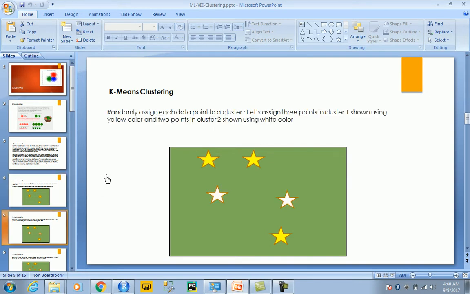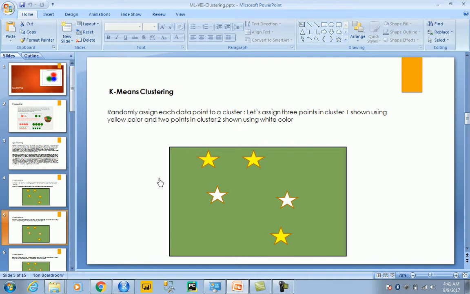It randomly assigns the data points into the number of K clusters. We have said we want two clusters, so it would randomly assign, let's say the machine has randomly picked three of them to be yellow and the other two to be white, and this is the first iteration.